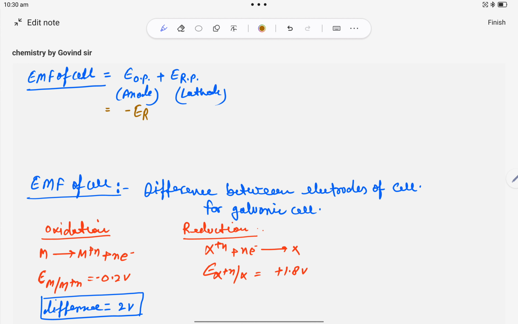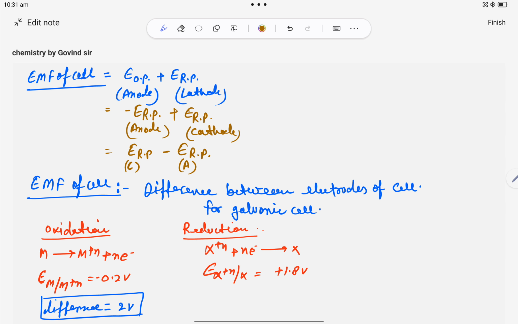So minus reduction potential of anode plus reduction potential of cathode. So E reduction potential, that is cathode now, minus E reduction potential, it is anode now.